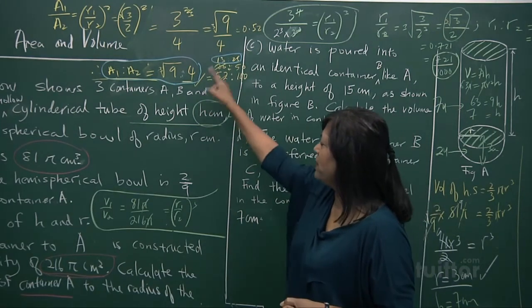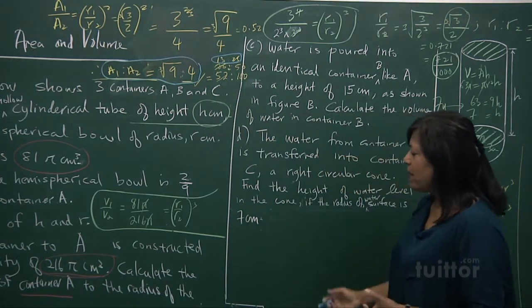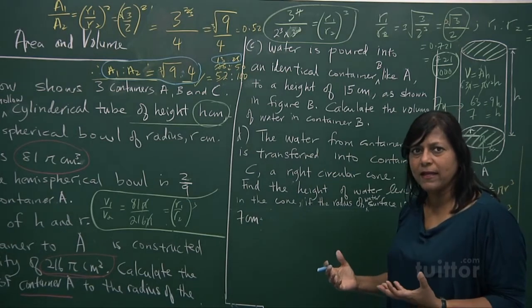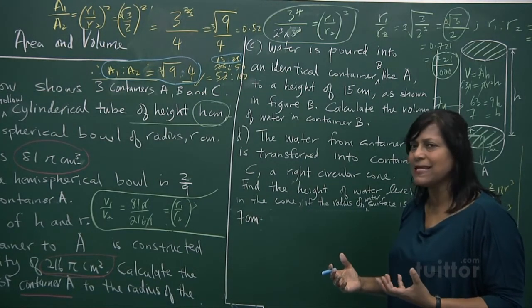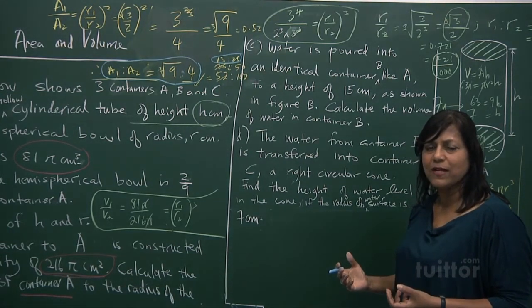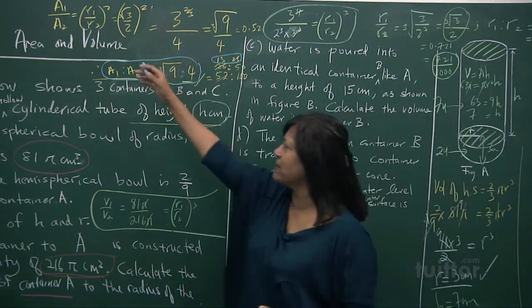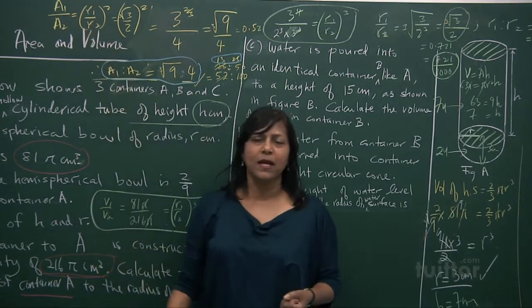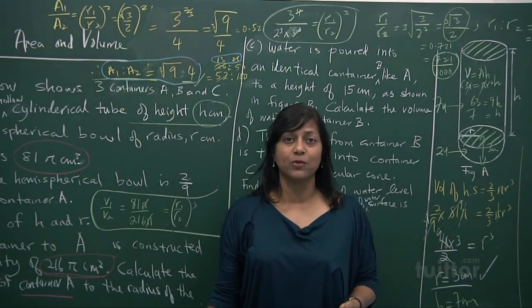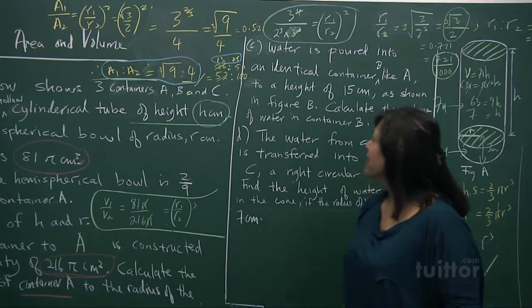Now either way you could put your answers. But the concept that we are driving at here is when two figures are similar, the ratio of areas, A1 over A2, is R1 over R2 squared. Alright? Now let's move on.